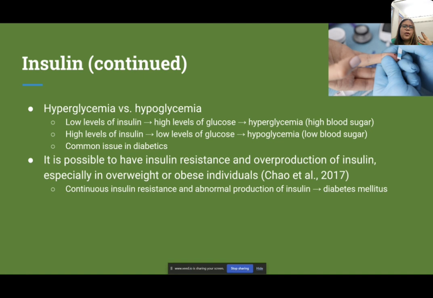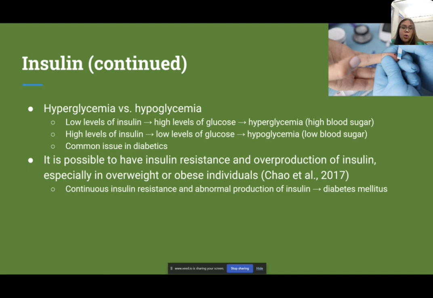Hyperglycemia is when one has high blood sugar because of low levels of insulin. This is typically a result of the pancreas not being able to produce sufficient levels of insulin, and there's also high insulin resistance.